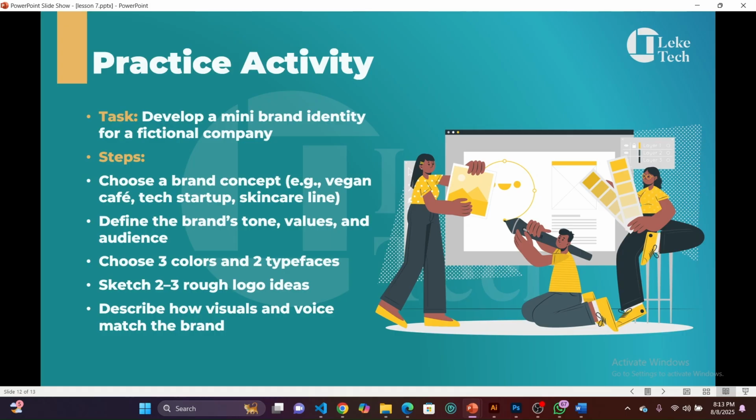Our audience is people between the ages of 18 to 65, divided into two categories.